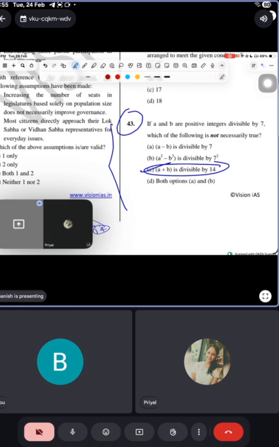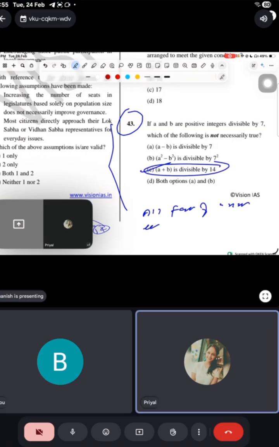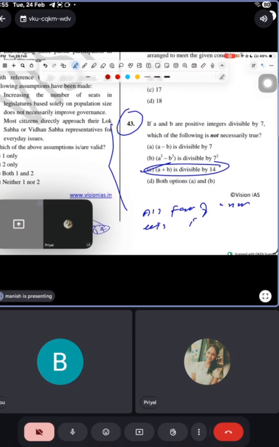Because all factors of a number will divide that number. You guys have not understood, no? Let me tell you. See, 7 is the number.